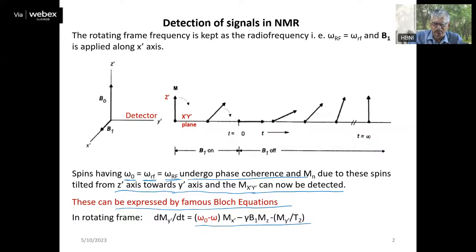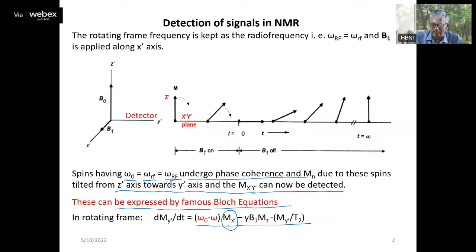This omega 0 is the precessional frequency, and omega is the frequency of the radio wave, and this is the magnetization along the x prime axis. When the magnetization comes to the xy plane, you can detect magnetization in the x axis and y axis, but not in the z axis.